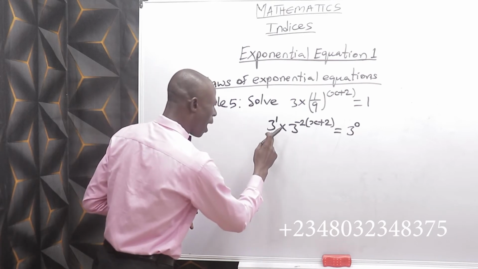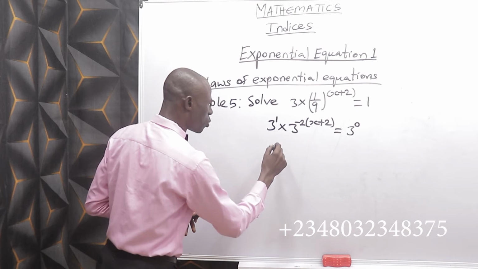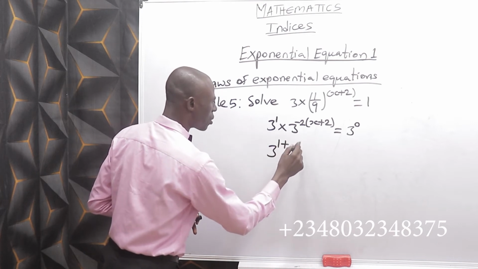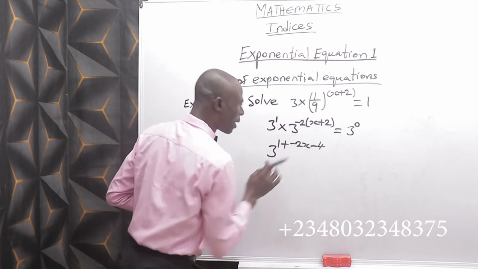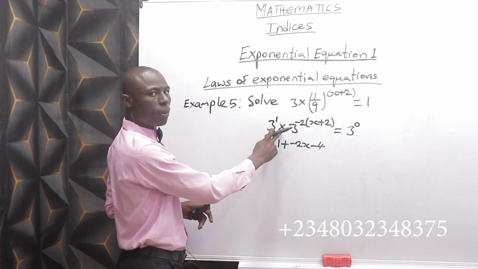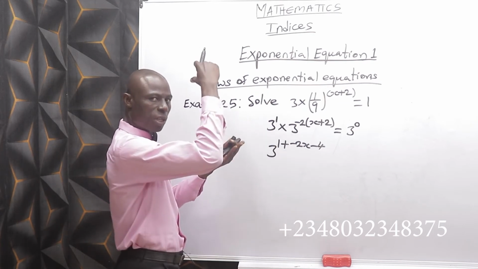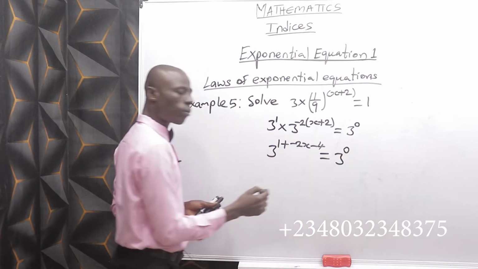So, applying the normal law of indices of multiplication here, this is 3 raised to power 1 plus negative 2x negative 4. I open the bracket. This positive sign is as a result of the multiplication sign changing to addition in the exponential region, which is equal to 3 raised to power 0.